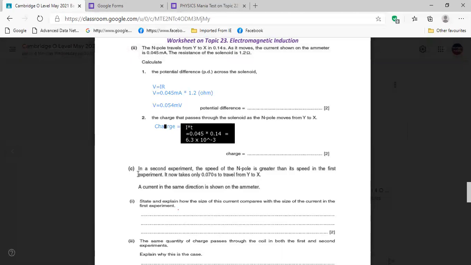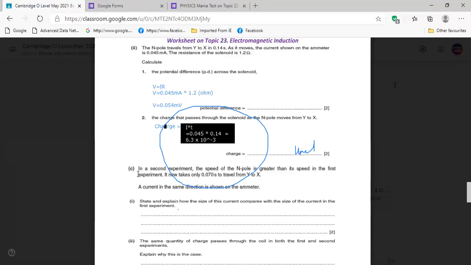If I write milliampere into second, then what will be the unit? You need coulomb.